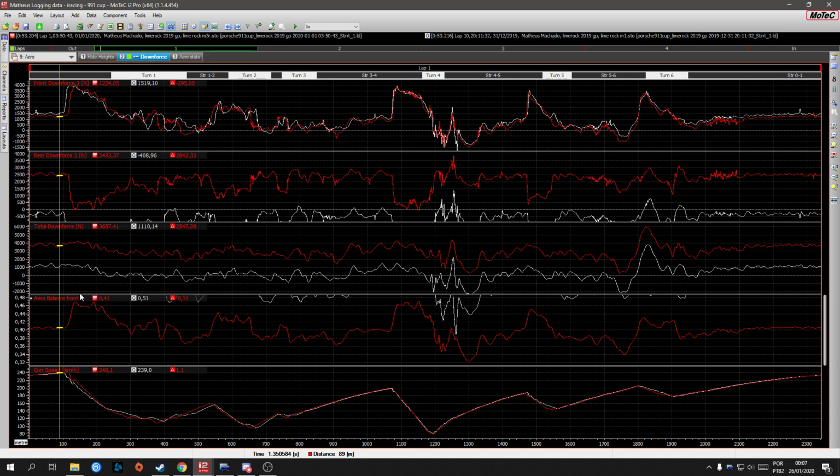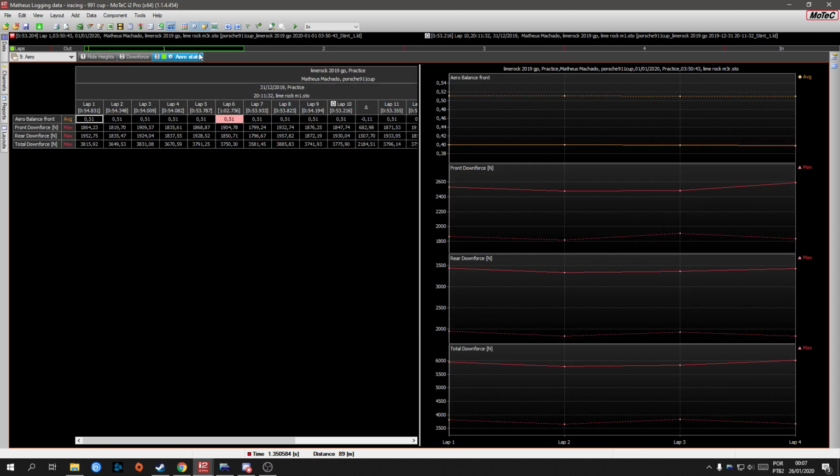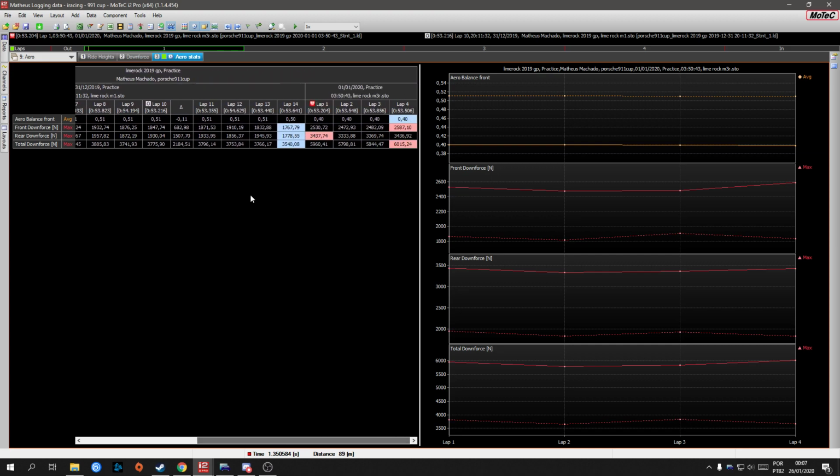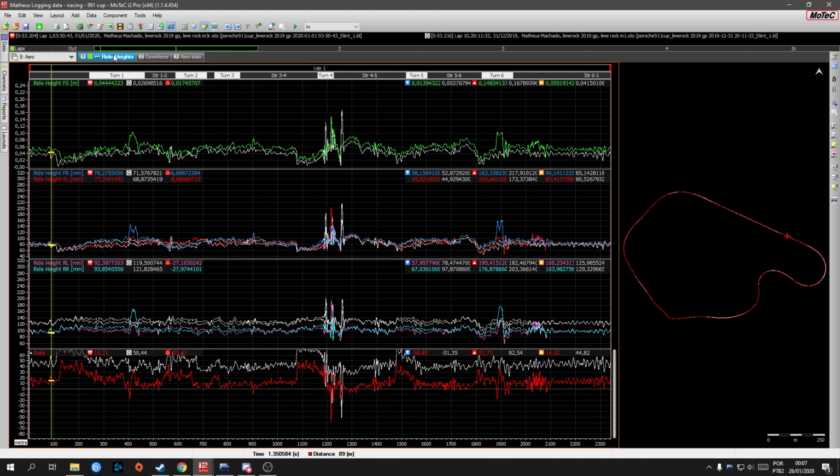And if you compare the aero balance, you can see that you have a lot more at the front, and you can see the aero stats showing you the same thing, because you see the shift of aero balance to the rear when you change the ride heights.